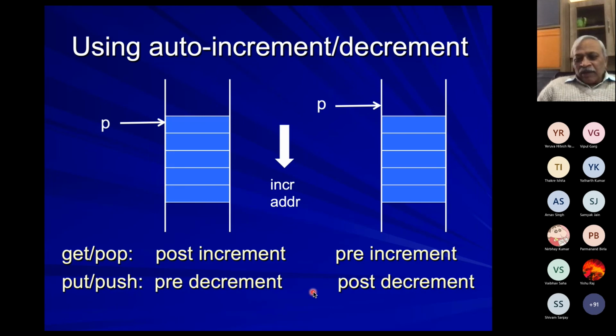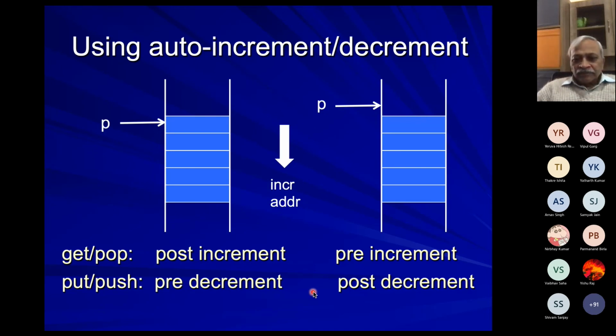So imagine that you have limited space where you want to keep these two structures. One you start growing from one end, the other you start growing from the other end, because you don't know which one will be how big at runtime. So that's one reason, but I think there is no inherent advantage or disadvantage of one approach over the other.